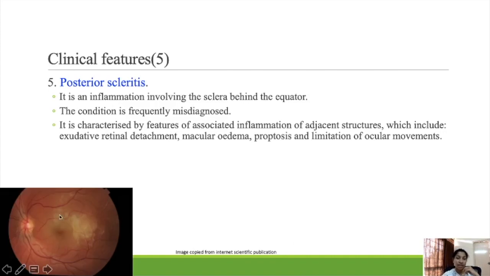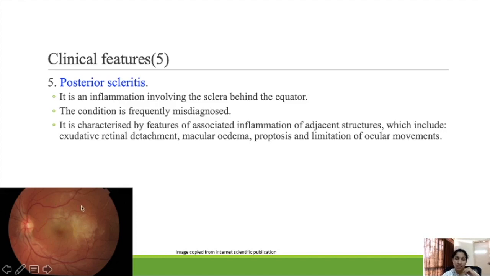Then this is the fundus photography of the eye. Here you can see the optic disc, and this is the optic cup, and these are the arteries and veins inside the fundus. This dark area is known as the macula of the eye, and here there is a chance of getting macular edema, and this pale region indicates retinal detachment.